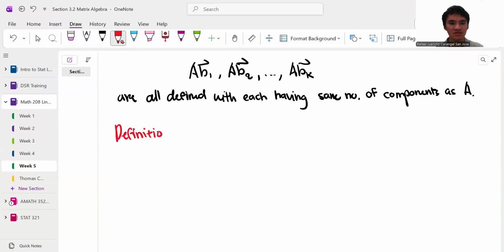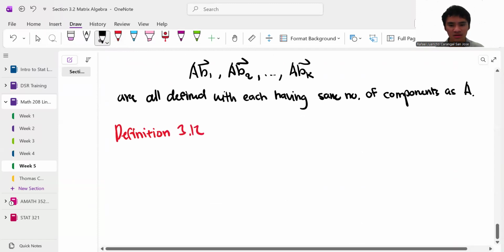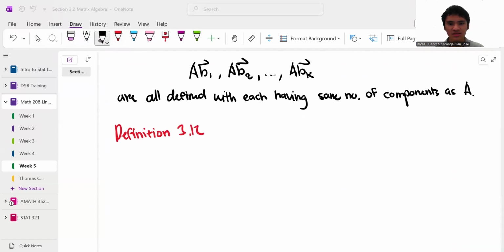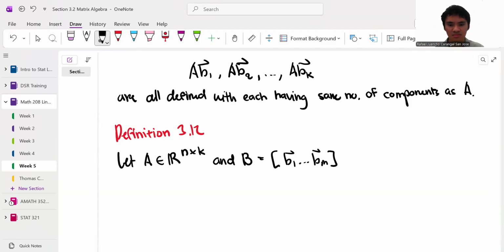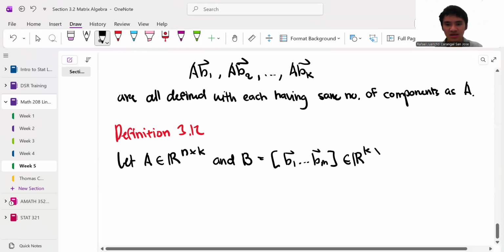So here's the formal definition. This definition tells us that in matrix multiplication, we let A be an n by k matrix, and B be a column of vectors B1 all the way to Bm, and we say this is a K by M matrix.